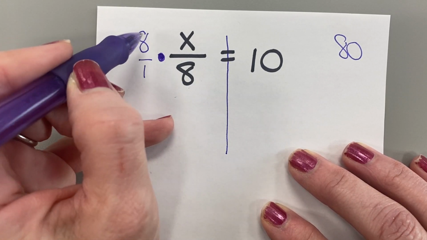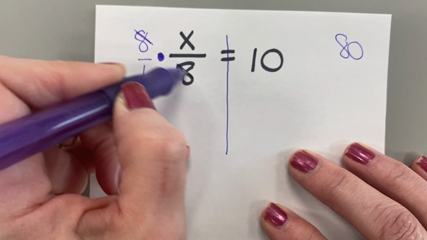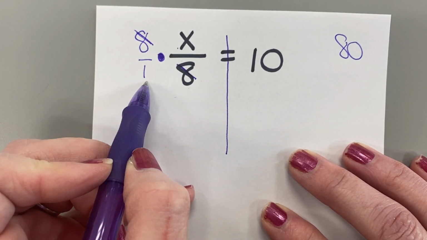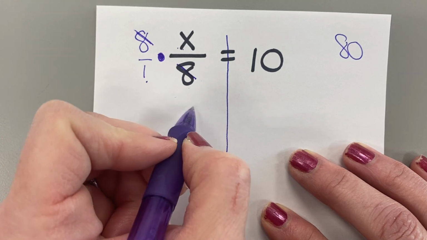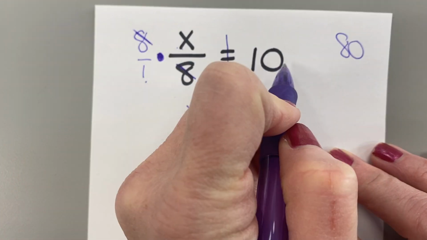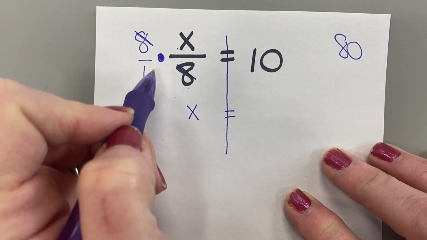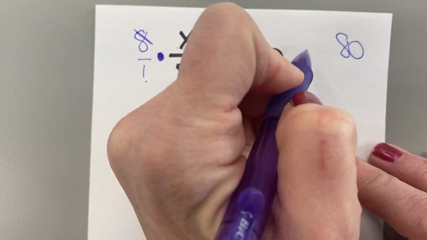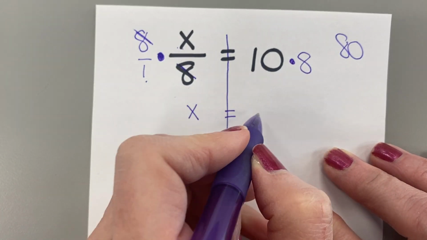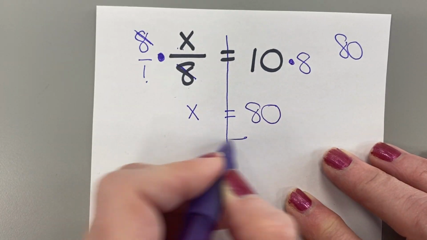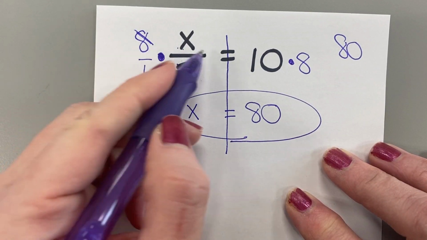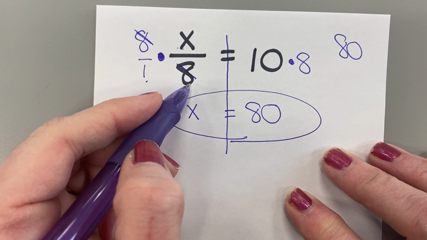These 8s will just cancel right on out, leaving us with x over 1. Well, x divided by 1 is just x. Now if we do the same operation on the right side, we multiplied by 8, so we can multiply by 8 over here, and 10 times 8 is, ta-da, 80, which is what we thought it was. So we times by 8, which is the opposite of dividing.